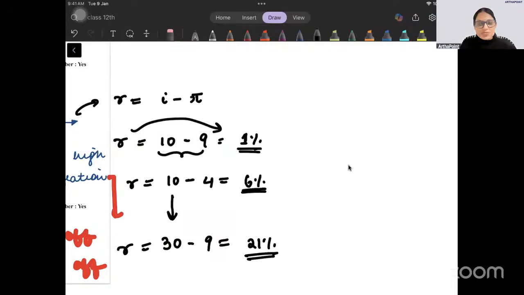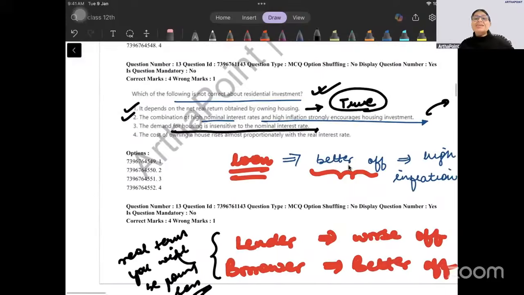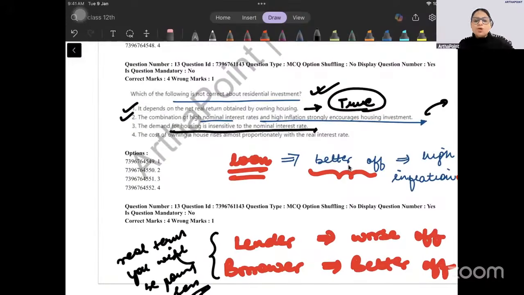So your investments will decrease because the loan will become expensive. So it cannot be insensitive to nominal interest rate because nominal will determine the real. So this is a false statement. So the answer will be 3. It should be 3. So all of you who have answered 3, it is correct.